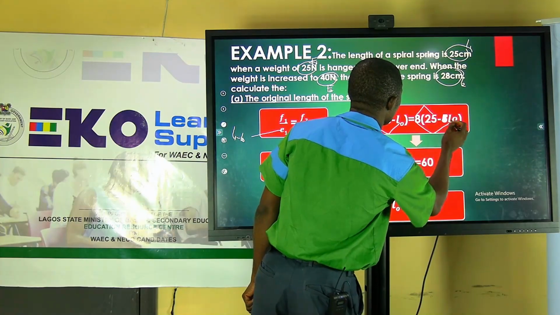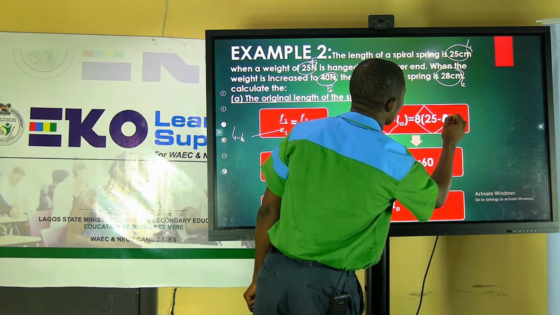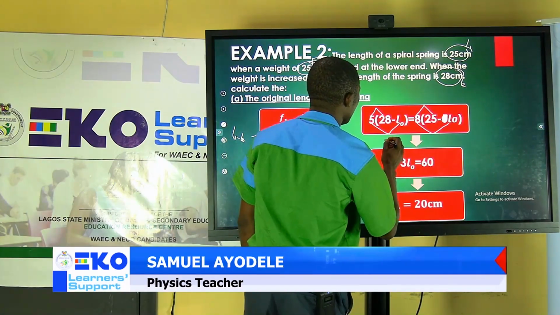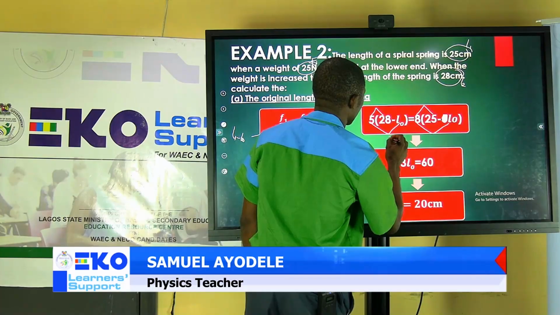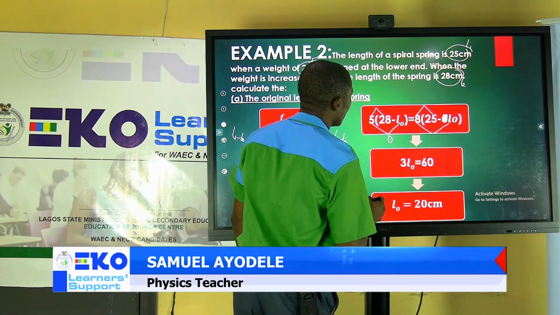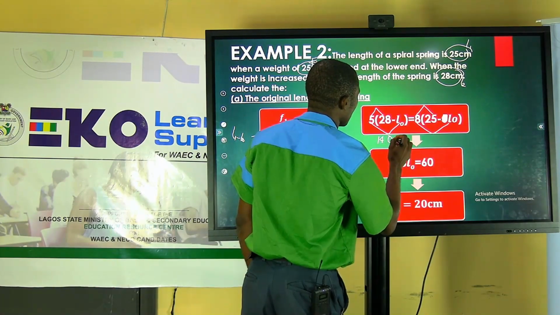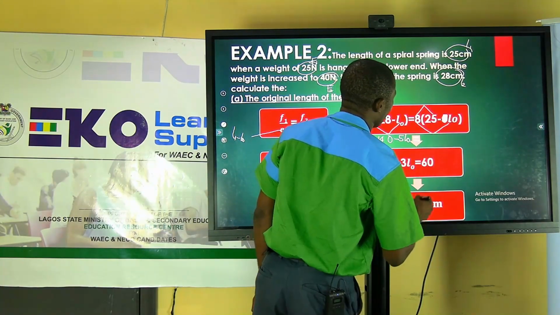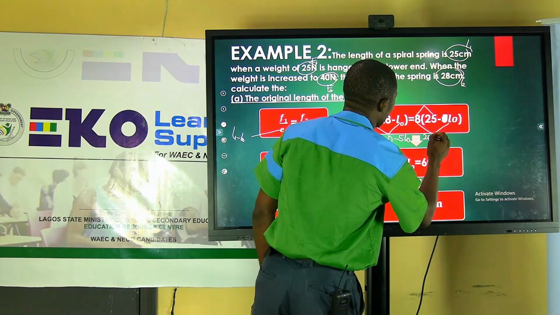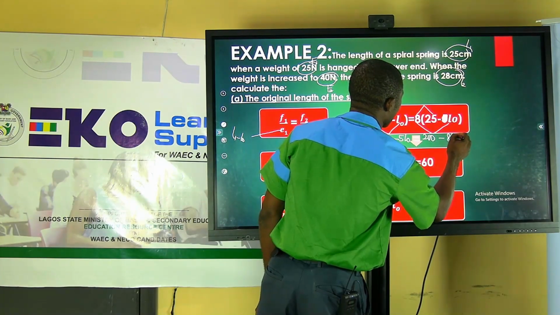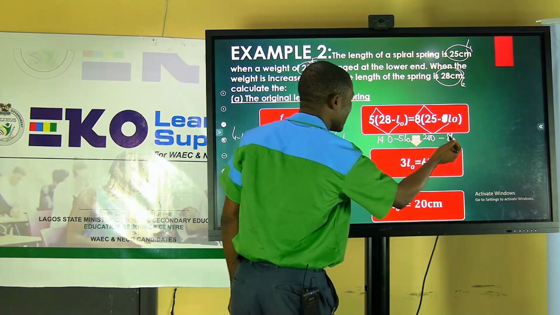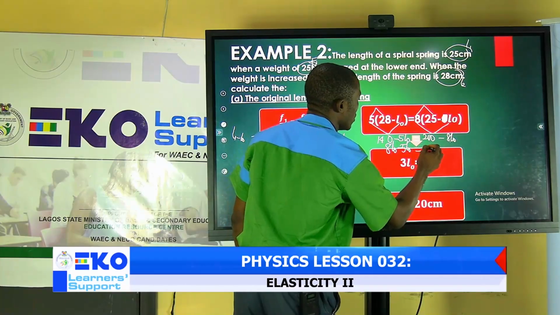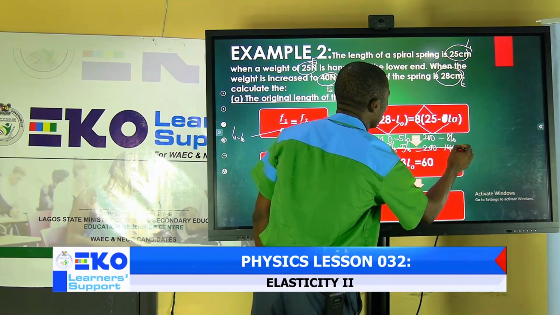So once that takes place, you are going to have 5 times 28, which is 140, minus 5 times L0, that's 5 L0, equals 8 times 25, that should be 200, minus 8 times L0, that is 8 L0. So when you do this, you bring the 8 L0 here, and you have 8 L0 minus 5 L0 equals 200 minus 140.